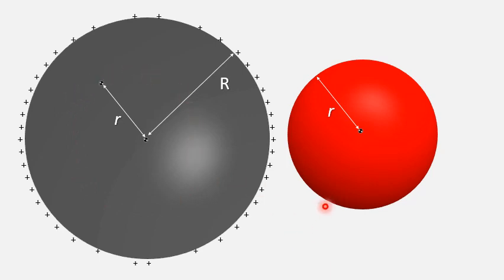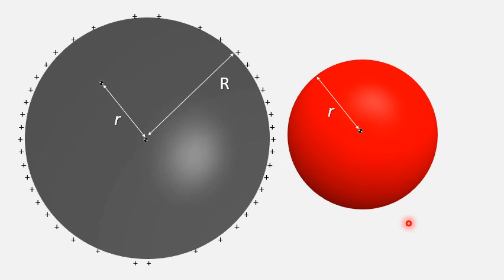So what is my statement for the Gaussian surface? Consider a spherical Gaussian surface of radius r. So two things I have mentioned: the shape of my Gaussian surface and its dimensions, the size. But where to place the Gaussian surface?